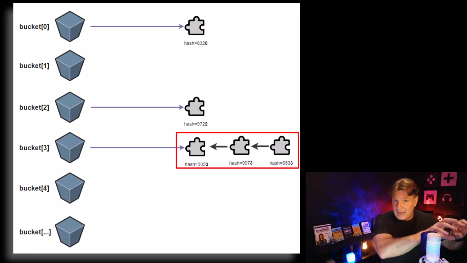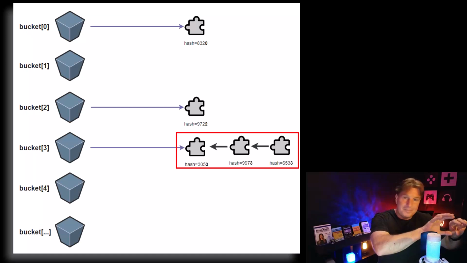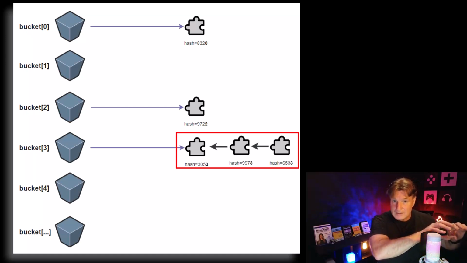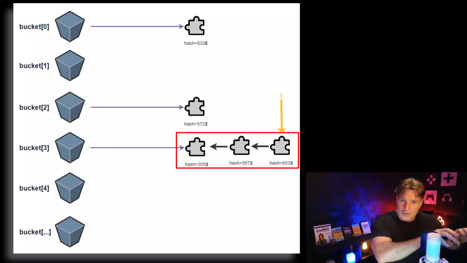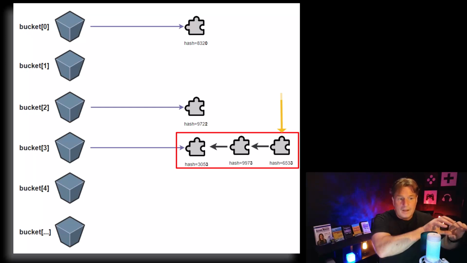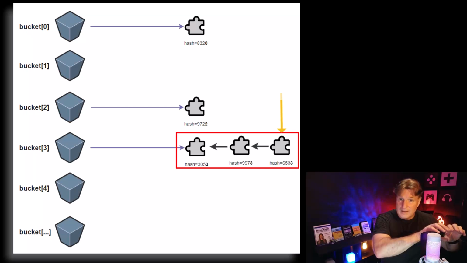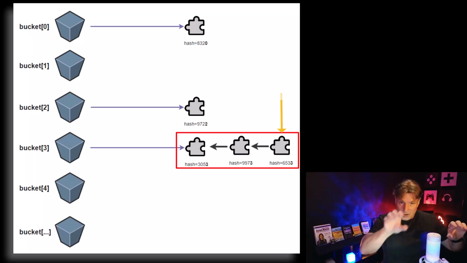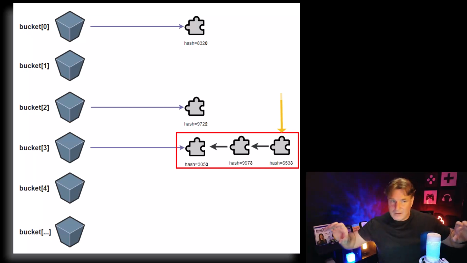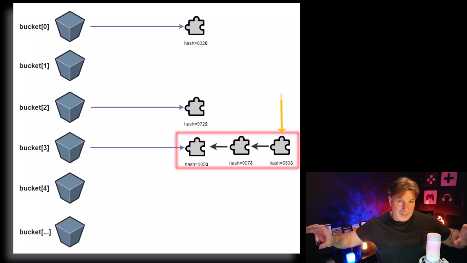We know that the hash code ends in 3, but let's say we've got a whole bunch of things where the hash code ends in 3, and we're specifically looking for the key value pair where the key was movie. We pull that linked list and then start doing a dot equals comparison on each node, saying, I know the favorite movie is going to be somewhere in this linked list.